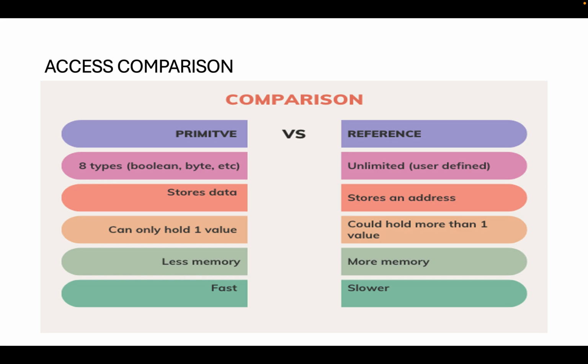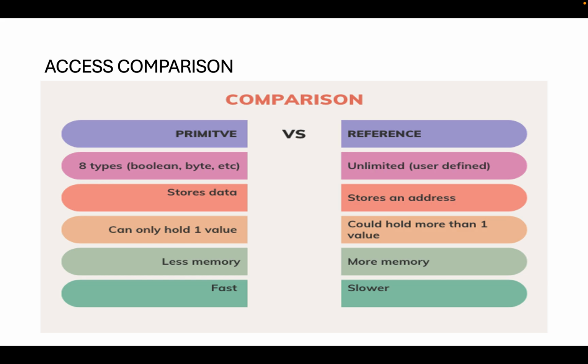A primitive can only hold one value, like an integer variable number equal to 5, only one value, or a boolean variable equal to true, only one value. A reference type could hold more than one value. For example, an int array arr1 equal to 10, 5, 15, 20.